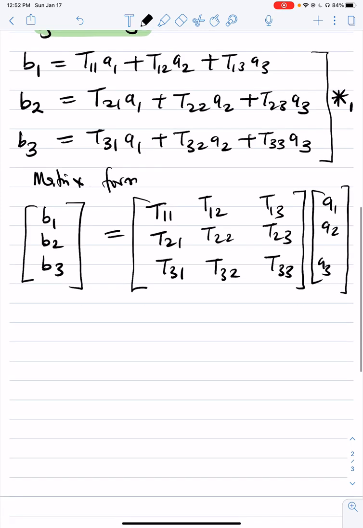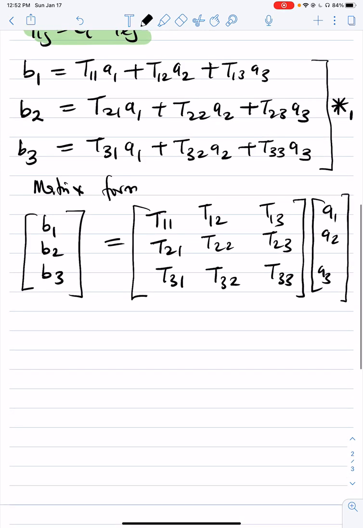If you don't understand what just happened, take the first row and multiply row by column, right?